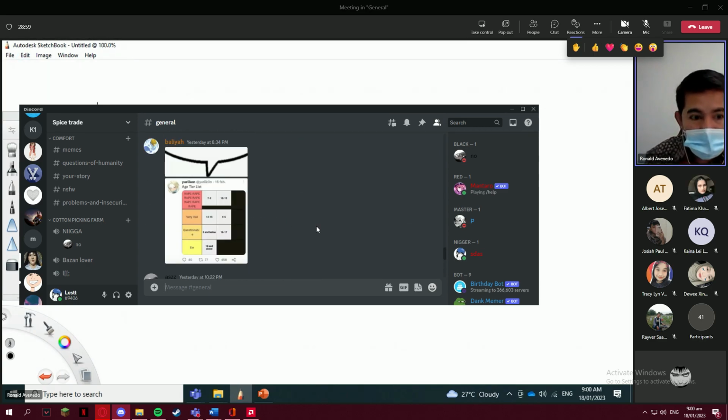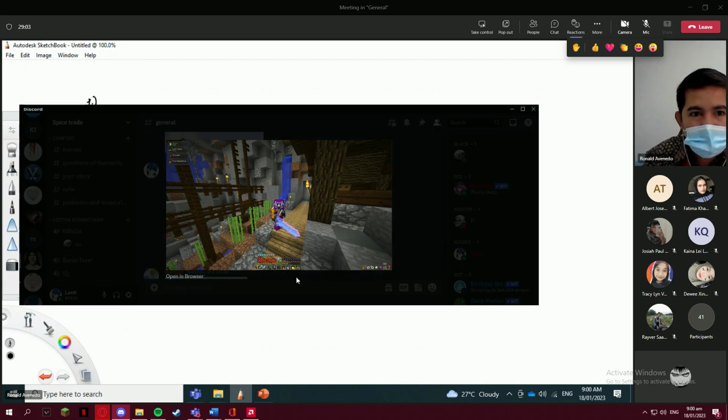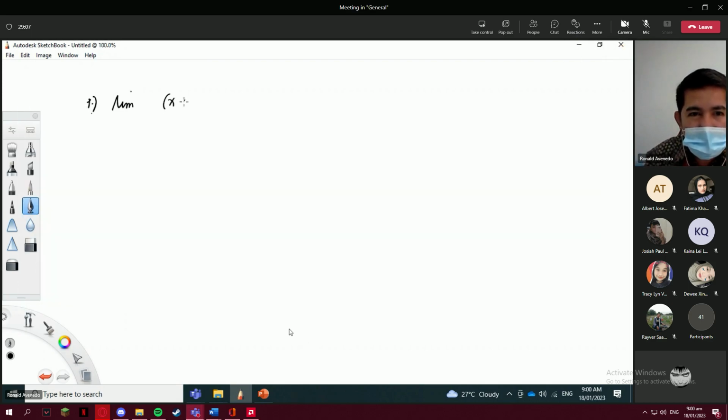So going back to our example, the limit of x plus 2 as x approaches 4. In our last solution, we had two tables. One is values of x from right of 4, and the other one is values of x from left of 4.